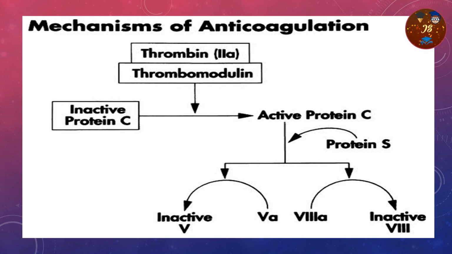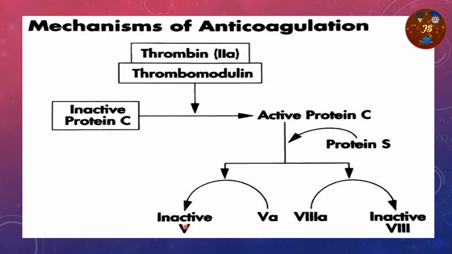Now, how do heparin and warfarin work? It is called the mechanism of anticoagulation. Inactive protein C is converted into active protein C with the help of thrombin, which is activated factor 2, and thrombomodulin. Now, this active protein C in the presence of protein S helps in the conversion of activated factor 5A, a very important factor for the coagulation process, to inactive factor 5.